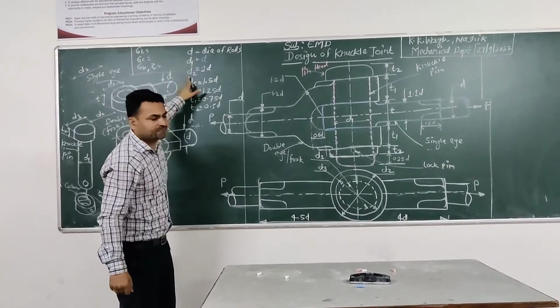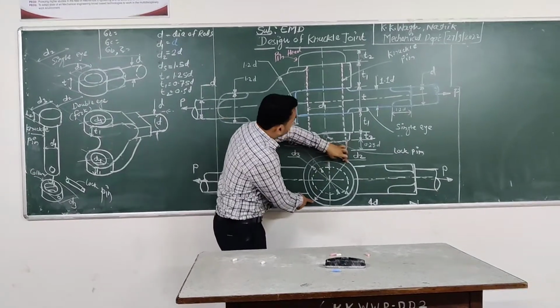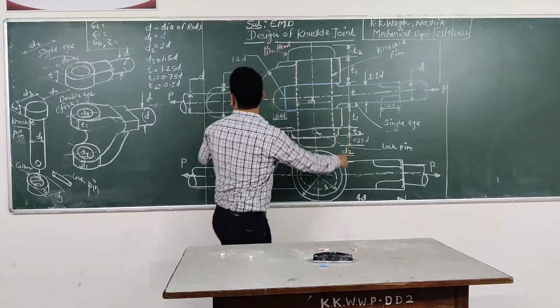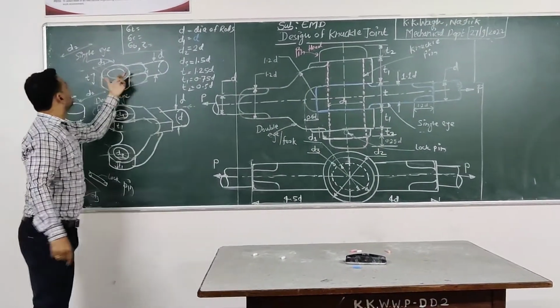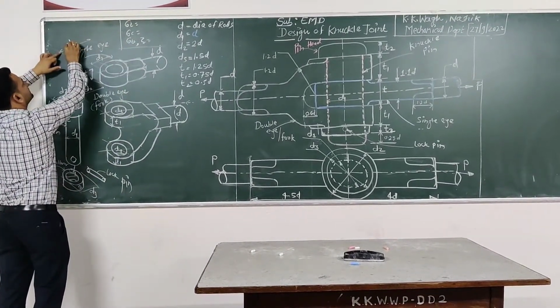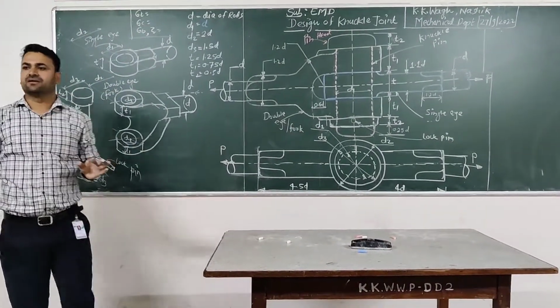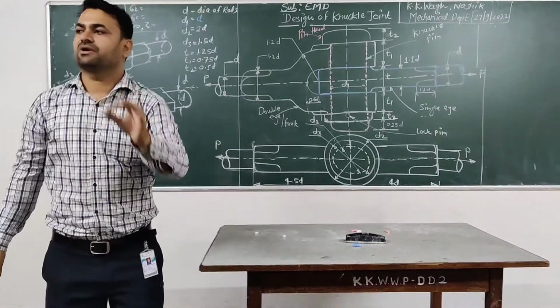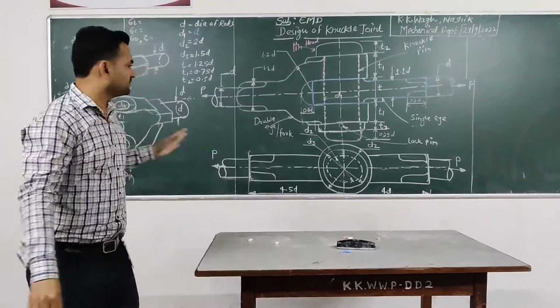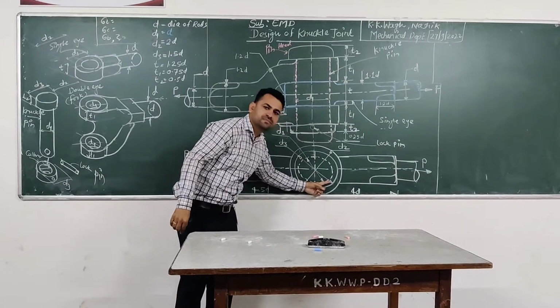Then D2. D2 is equal to outside diameter of single or double eye. See here, outside diameter of single eye, and at the same time outside diameter of double eye. Then D3 we can see over here in the top view.